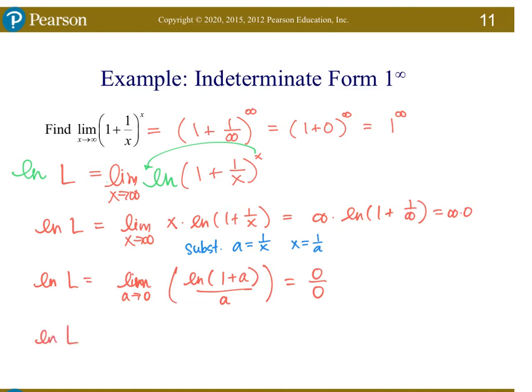So natural log of L is the limit as a approaches 0. And now I can do my derivatives. The derivative of the numerator is 1 over 1 plus a times the chain rule of 1. And the derivative of the denominator is 1. And so the answer to all of that is 1.